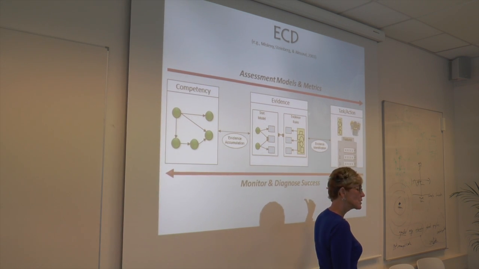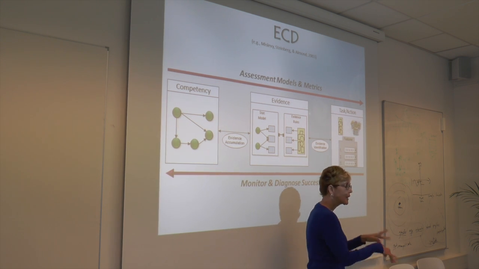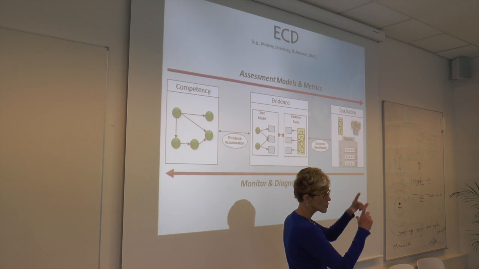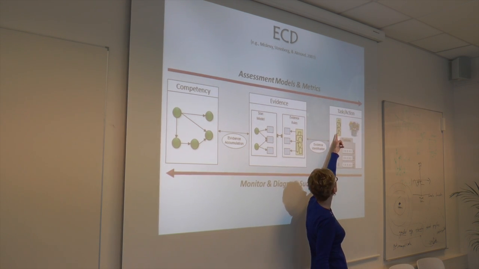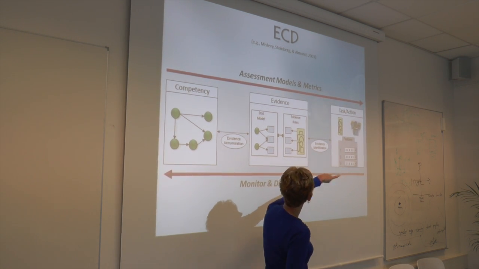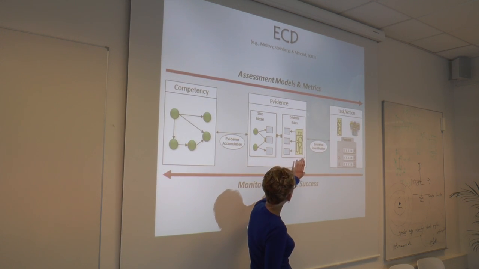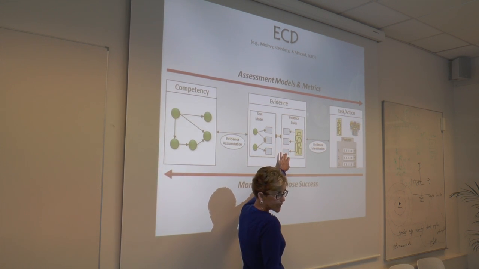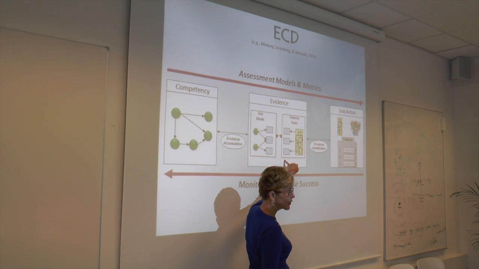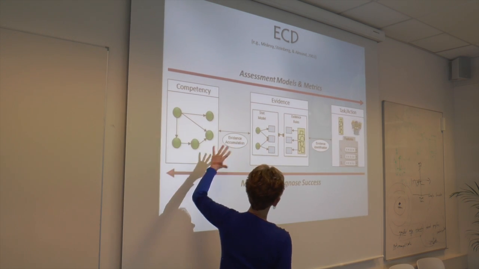Going in reverse lets us do diagnostics. So say a kid is playing in a game, solved a level, and they produce this series of actions right here. And that's that little yellow box. So that gets automatically submitted to the evidence model, which parses and scores those actions. So these are measurable, these are observable. So this is the land of data here, and this is the land of theory.